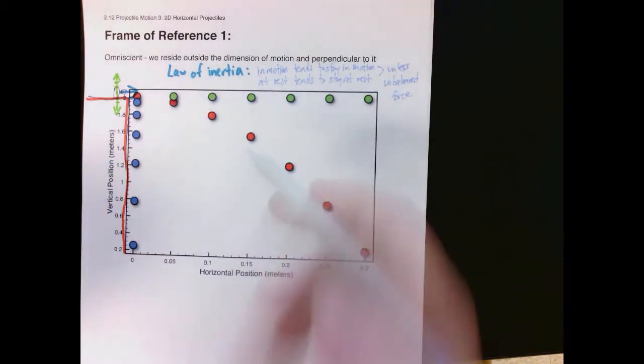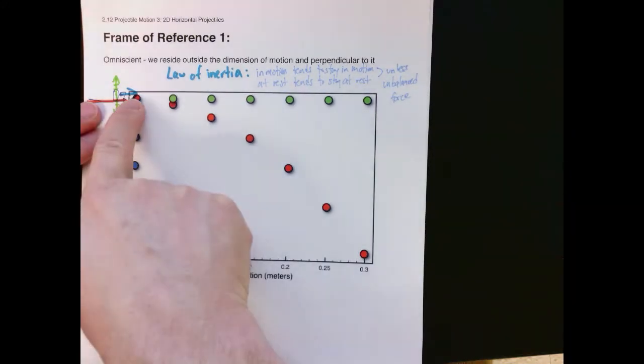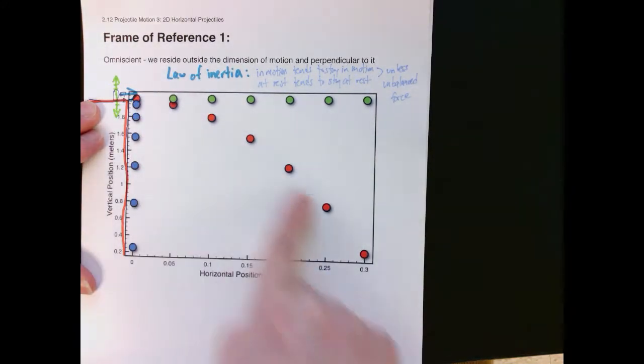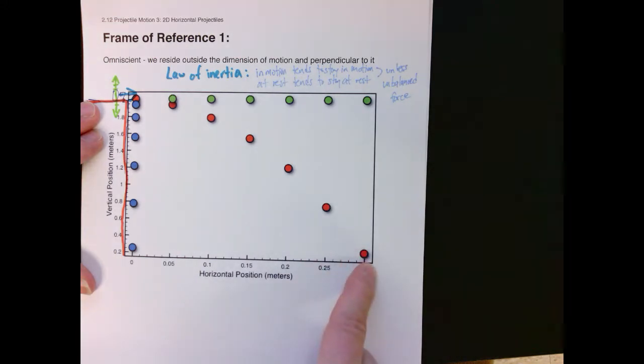So our frame of reference here is we can see that the projectile will take the red path. We will observe a red path. We roll this thing off the table, and it will take this parabolic curved path. We will see the truth from our frame of reference.